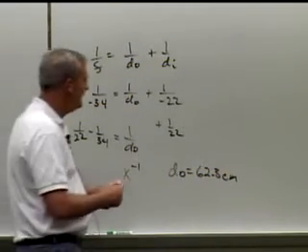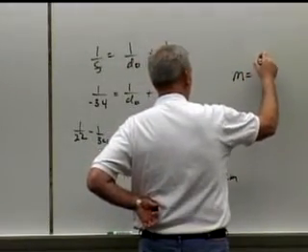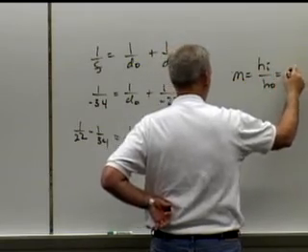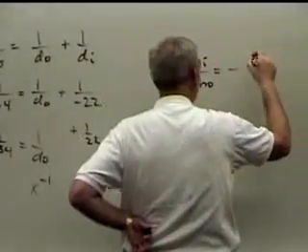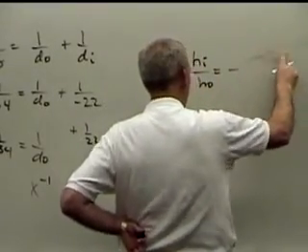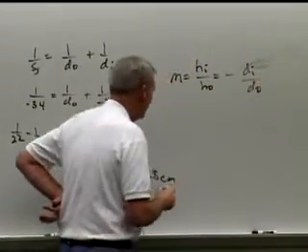All right, now let's get the magnification. M is equal to HI over HO, or the negative DI over DO. So for this case, you've got to be very careful.